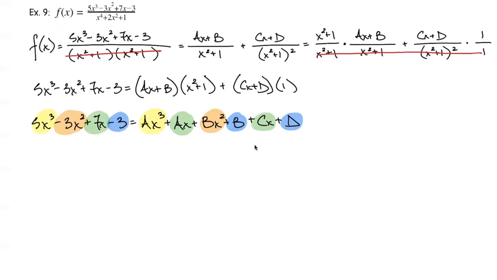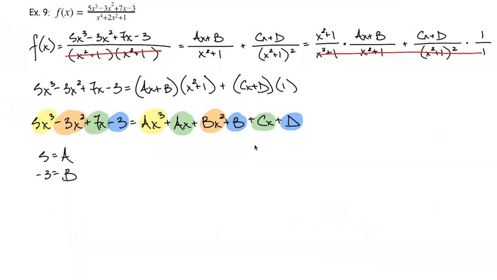Based on this, what do we know? We know A equals 5, B equals -3, and C equals 7, and D equals -3.